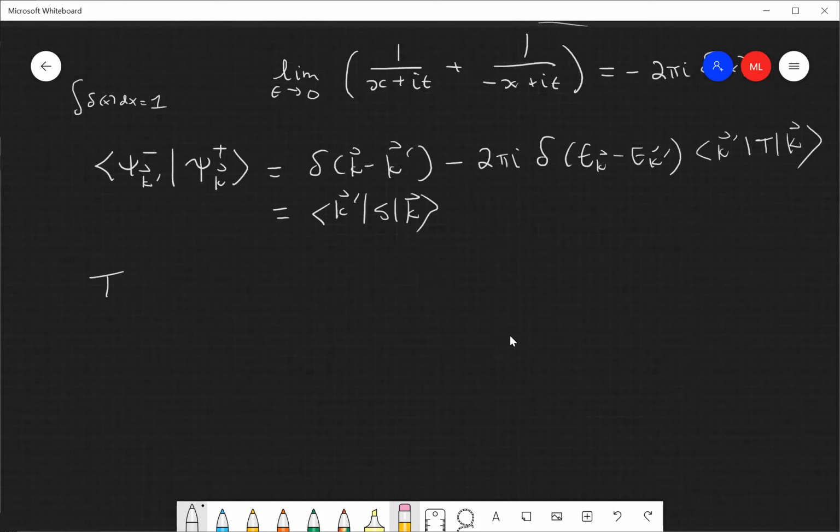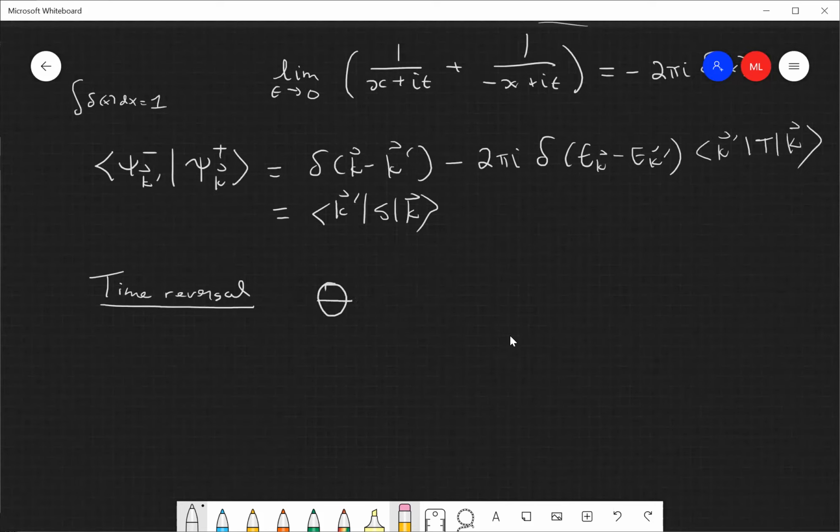I sometimes talk about time reversal symmetry in the first semester, but I didn't this time. So time reversal is something that literally reverses time. It's associated with an operator.